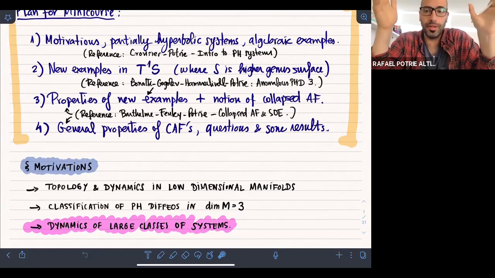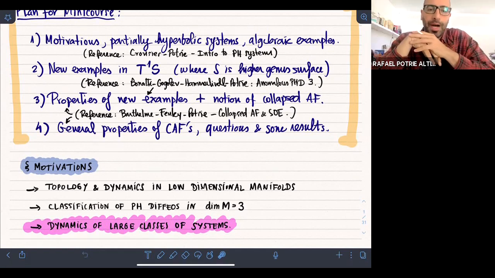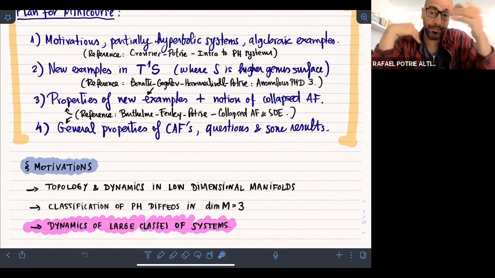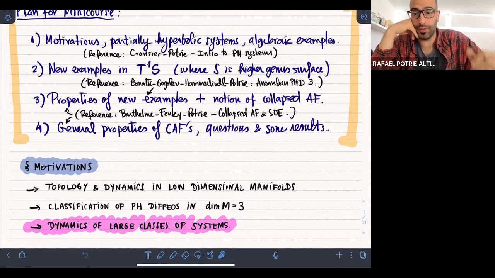Okay, and this has to do with the fact that in low dimensions we have many more topological tools, and also good models to start understanding these systems.